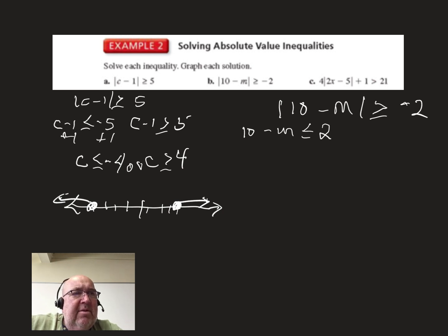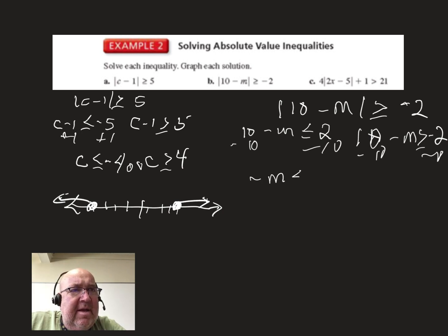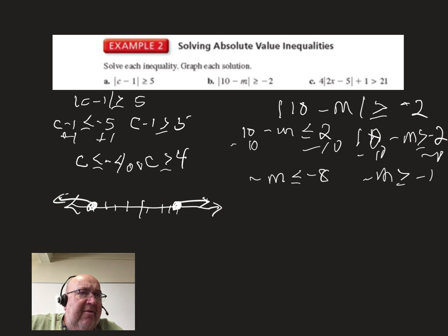And then we're going to go 10 minus m is greater than or equal to negative 2. We're going to subtract 10 from both sides. And we're going to get negative m is less than or equal to negative 8. We're going to get negative m is greater than or equal to negative 12.